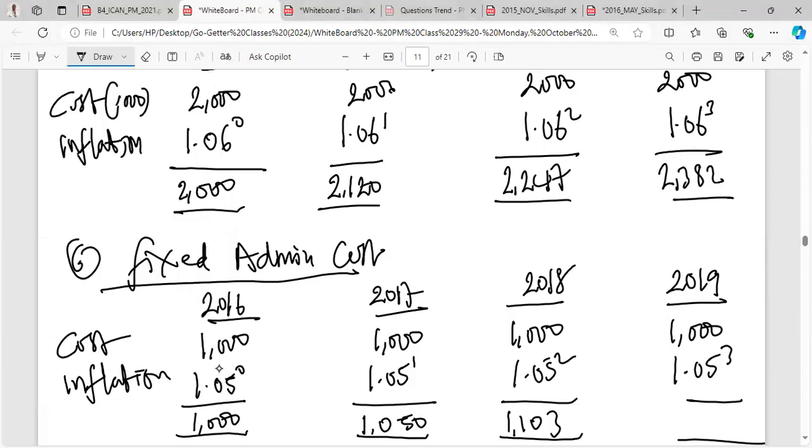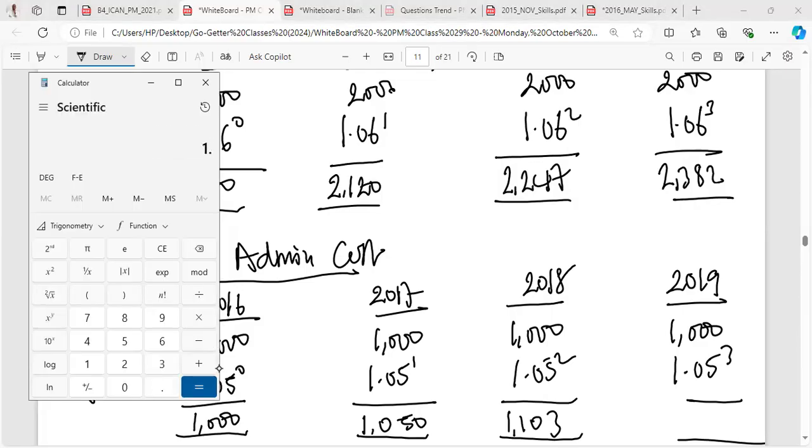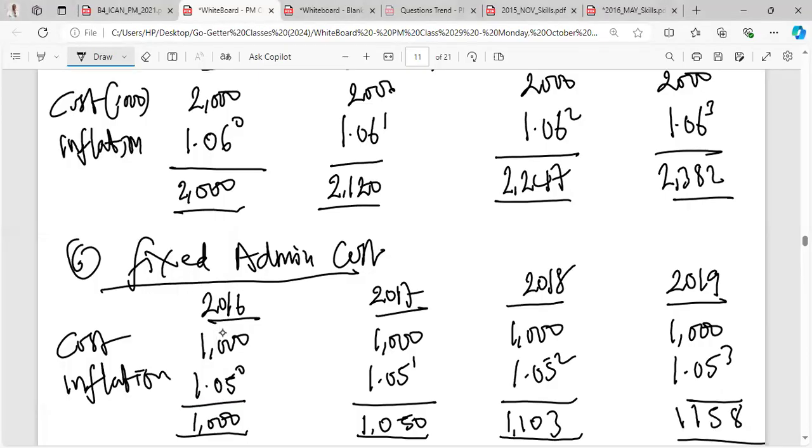We'll do the next one: 1.05 raised to power 3 multiplied by 1000 gives 1158.